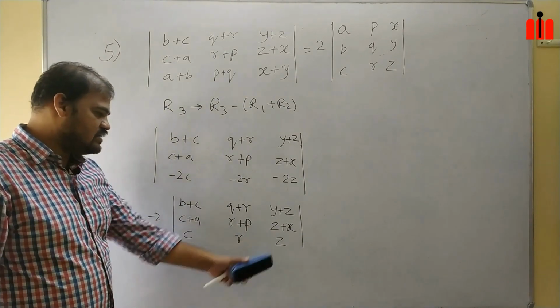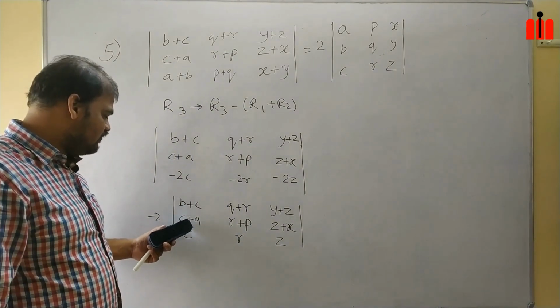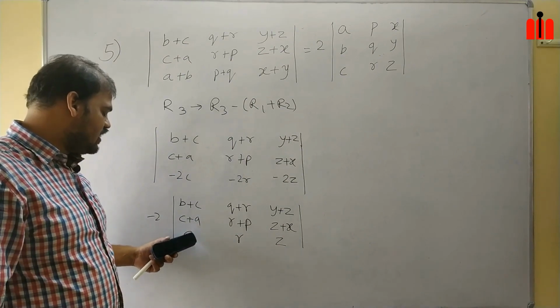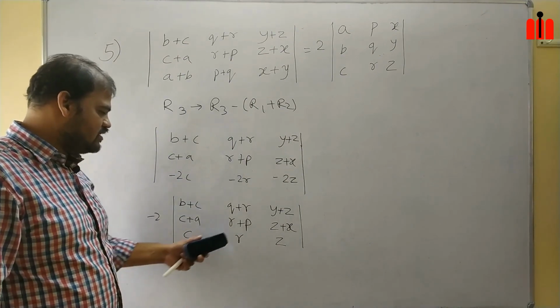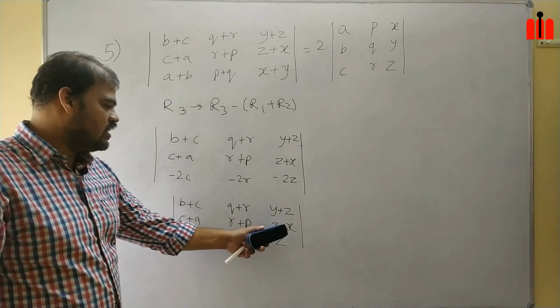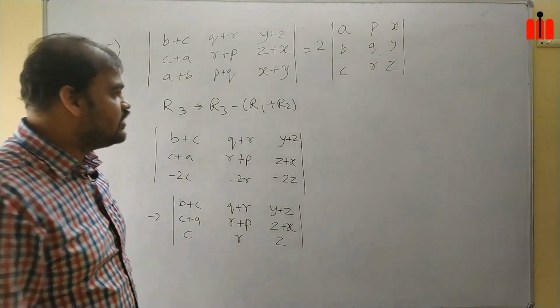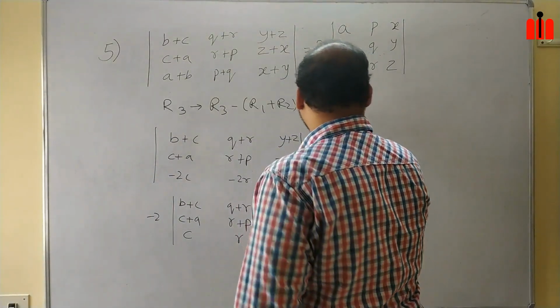So it is C, R and Z. Now this C we will subtract from R2, we will get A. We will subtract C from R1, we will get B. Similarly, we will get P, Q here, and here we will get X and Y.